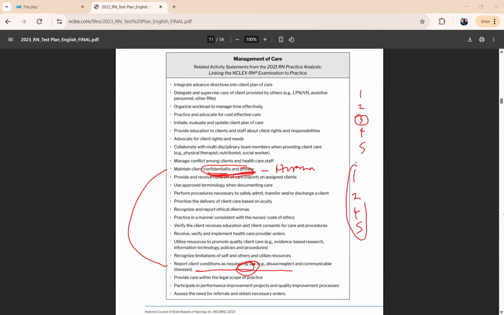yes, I can keep this confidential. But if I see a patient coming with number 3, then I will not keep that confidential, because by law, it says I should not keep number 3 confidential. Right.